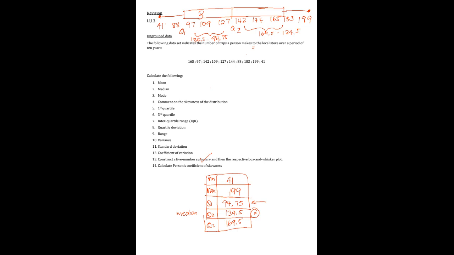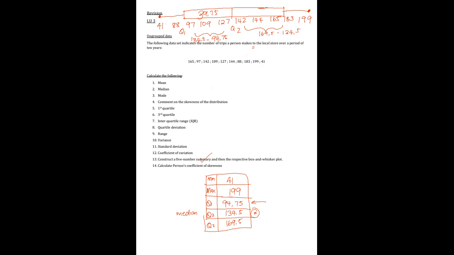And then the difference between 169.5 and 134.5. So 169.5 minus 134.5. Sorry, yes, 134.5, not 134.75. So that is 35. So the 35 would be in here.